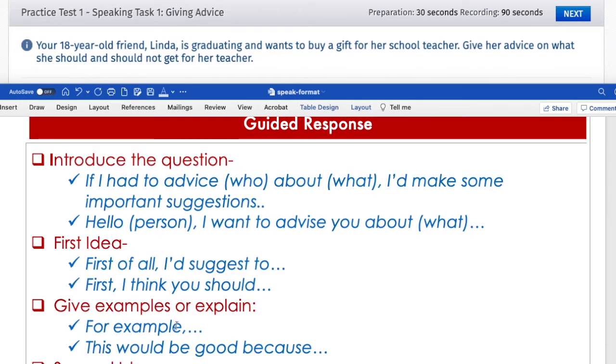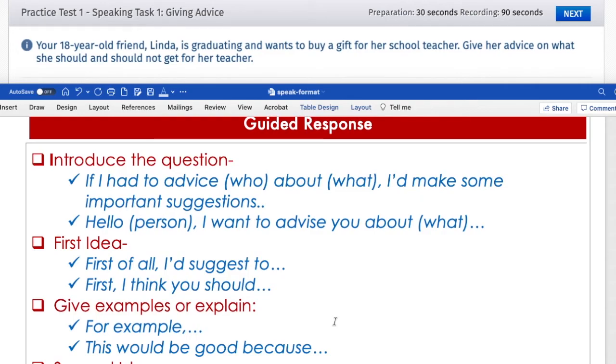For example, you could get her a book because books are very memorable and teachers love books. So you see, it just depends what your idea is on whether you should give an example or explain why that idea is good.